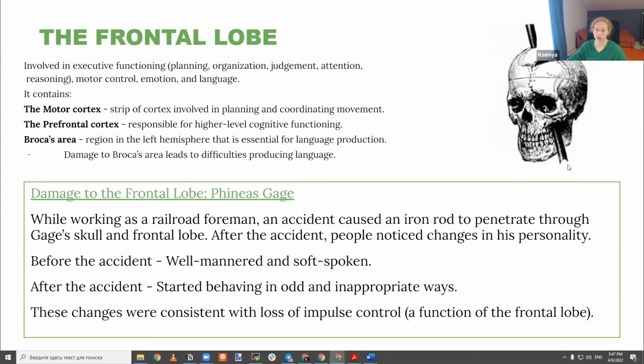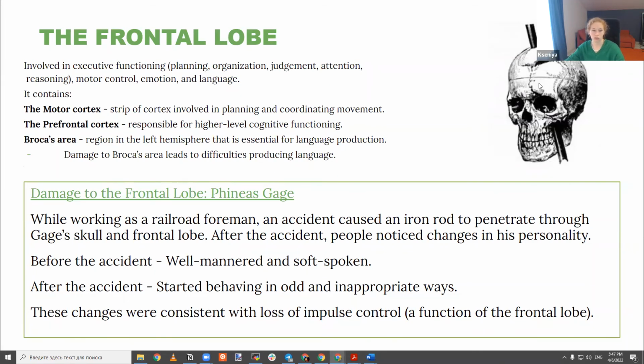A metal rod hit his skull, as a result of which Phineas remains alive, but certain changes took place in his personality. He could no longer control himself as before.